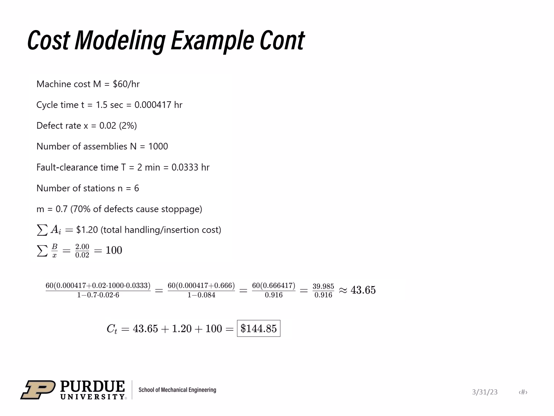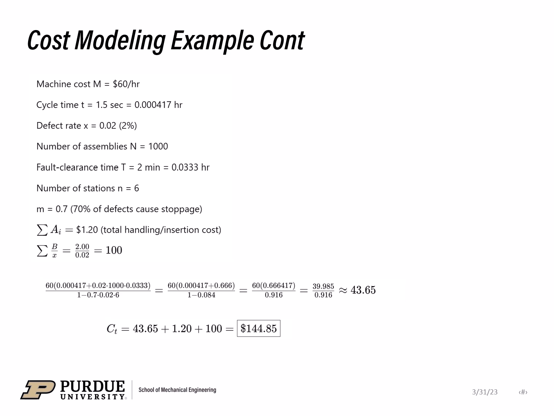What I mean when I say that your M is 0.7 is your fault tolerance. So 70% of your defects are going to throw a fault in the cell. And then let's say that you previously calculated your insertion and handling cost to be $1.20. Again, we'll get into that in just a second. And that your B value is going to end up being $100.